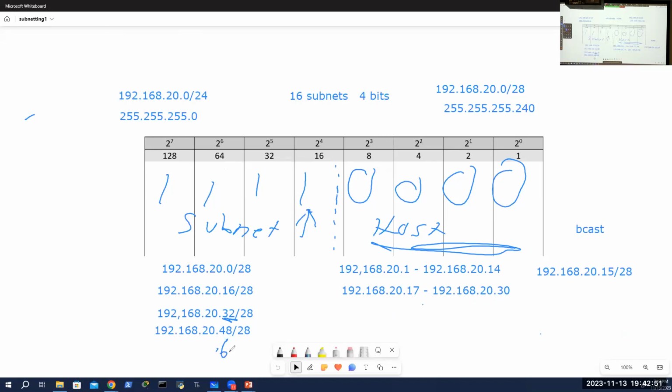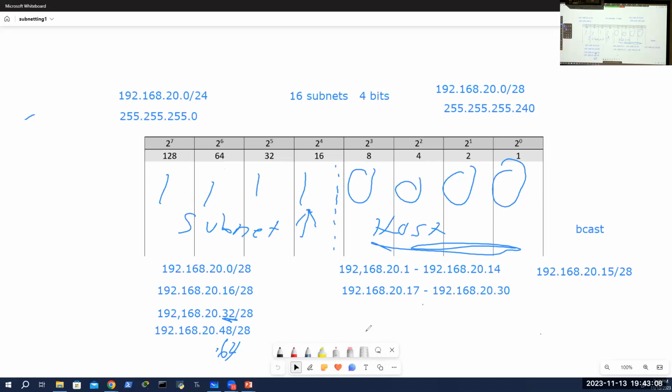The next one would have been 64, so 63 is the broadcast, 62 is the last host address. So 49 through 62, 63 broadcast.